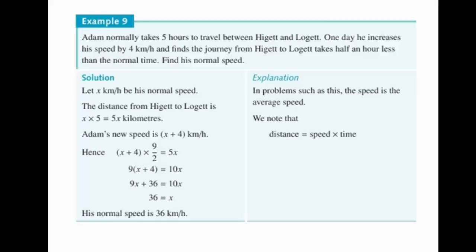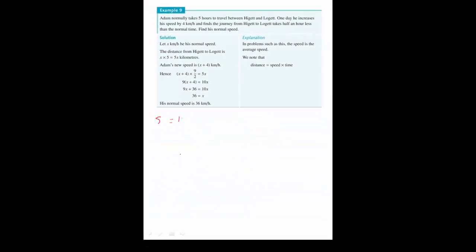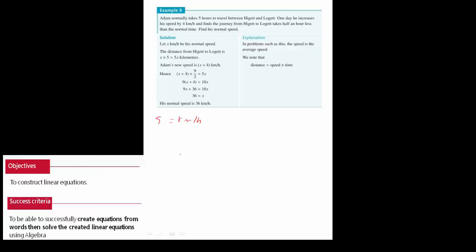Okay, now don't forget that speed is in kilometers per hour. So if we write it, speed is in kilometers per hour. So speed is distance over time, so distance equals speed multiplied by time.